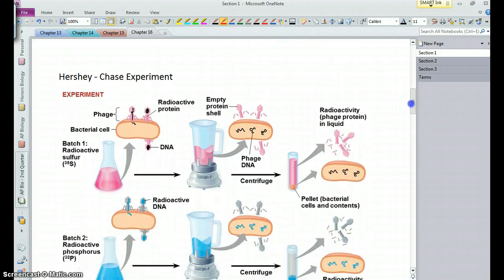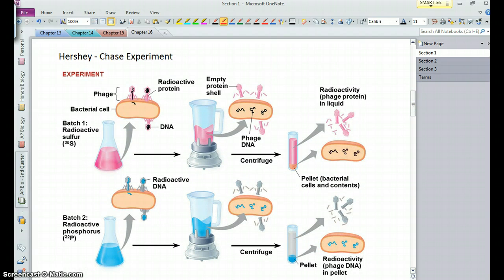So that's pretty important. All right, next, the Hershey-Chase experiment. Now here in this one, we're making use of a phage, which is a virus that infects bacteria. So we got the phage and we have bacteria.